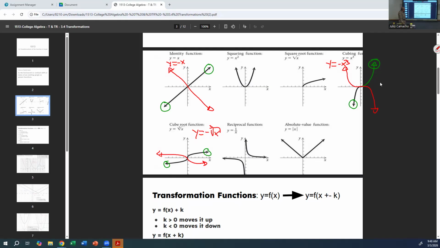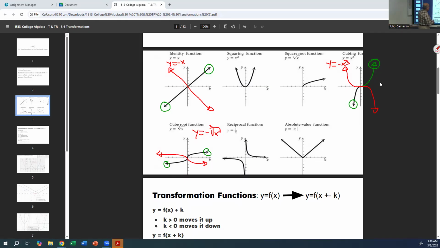Because they can give you an equation and ask you to find the transformation, or they can give you a transformation and you have to find which graph it is. And they will give you 4 or 5 different graphs. We're talking only about odd functions so far.